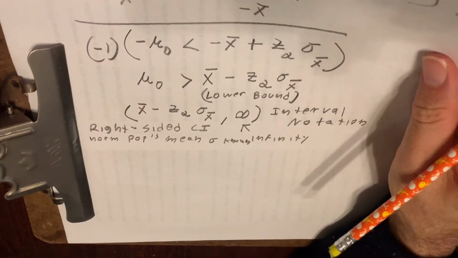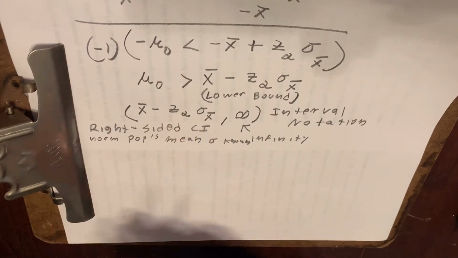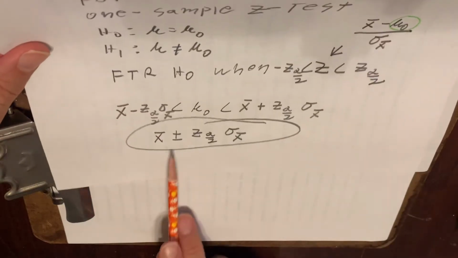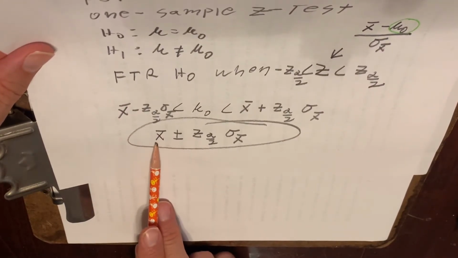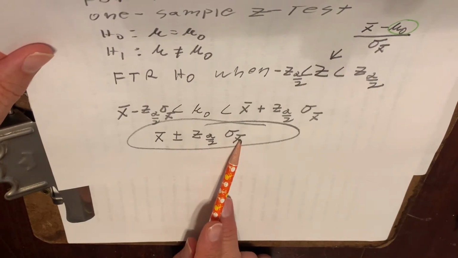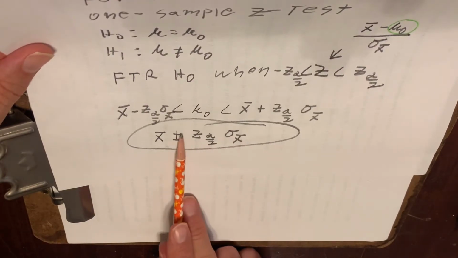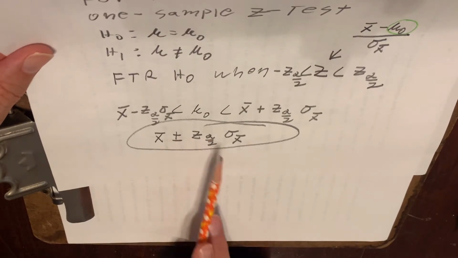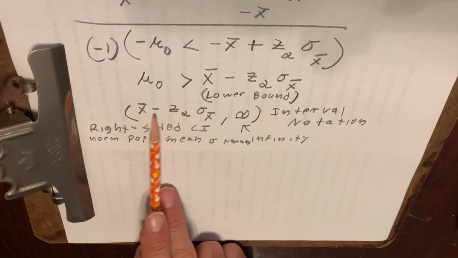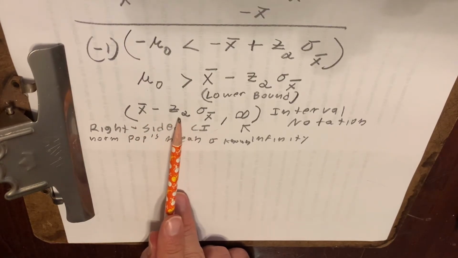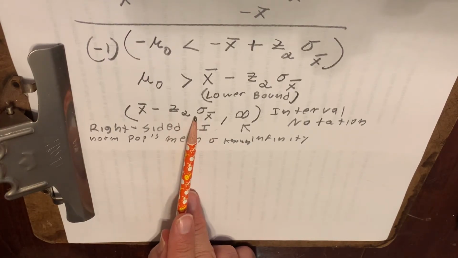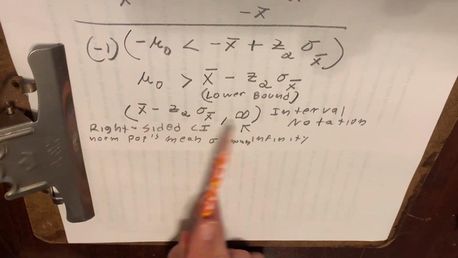Now, if you look at this formula, it's not so different from the two-sided formula. In the two-sided formula, you have x bar plus or minus z sub alpha over 2 sigma sub x bar. Here you have x bar just minus, and it's z sub alpha. There's no dividing the type 1 error rate by 2, because it's only a one-sided confidence interval.